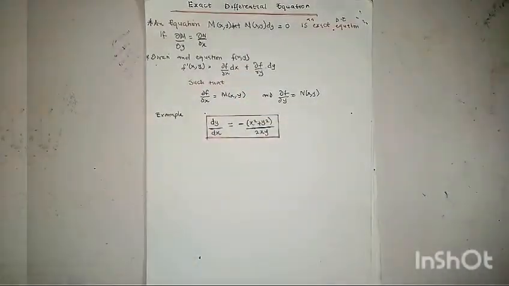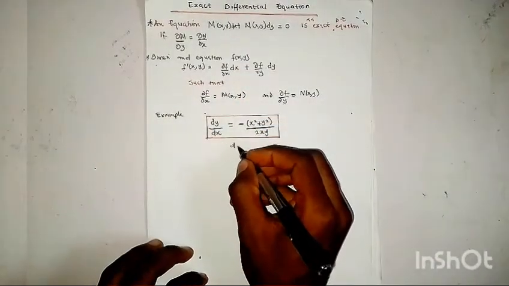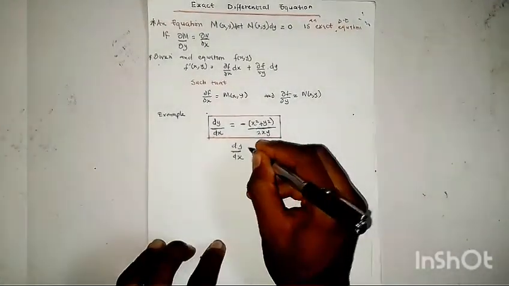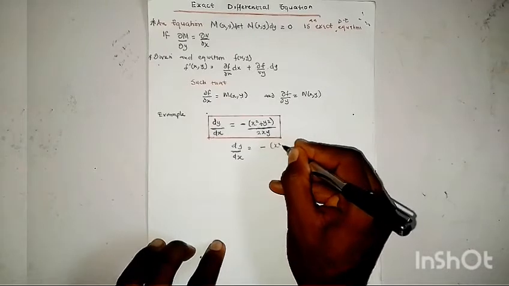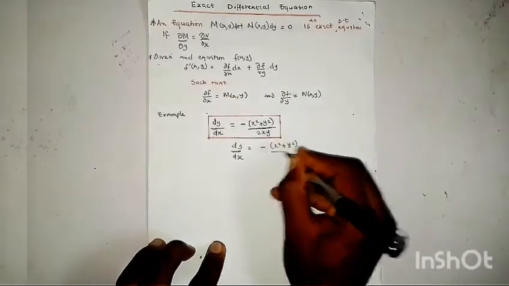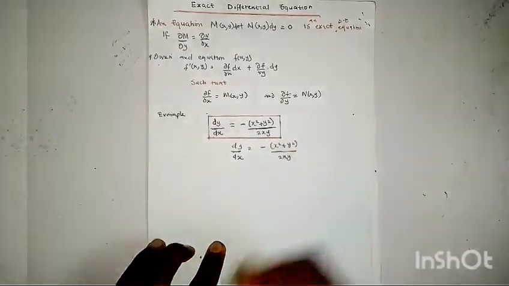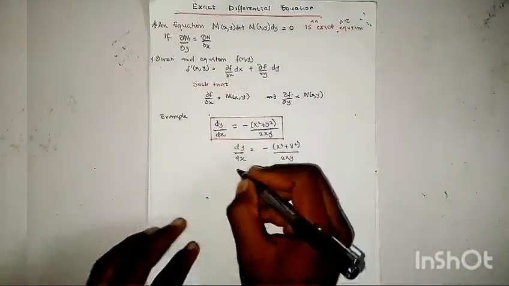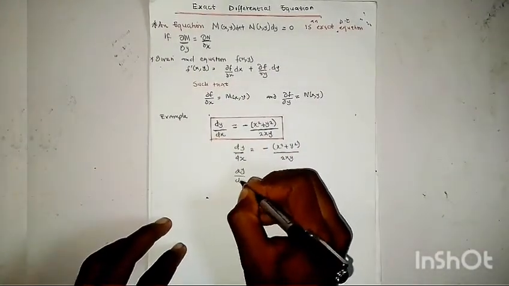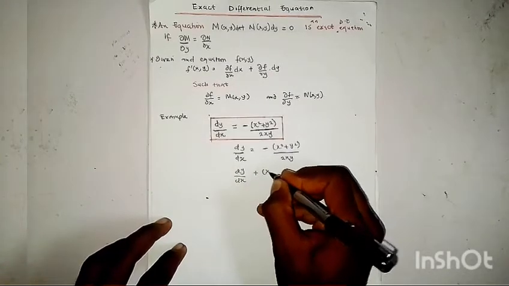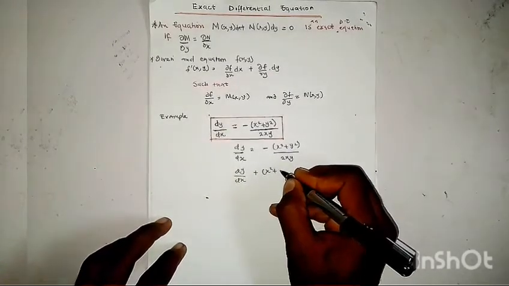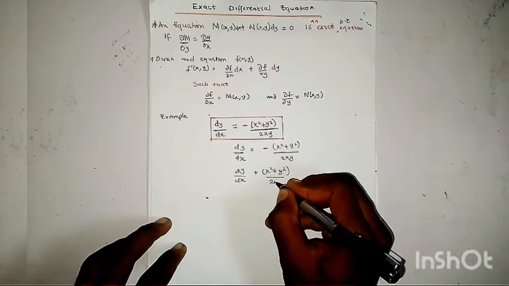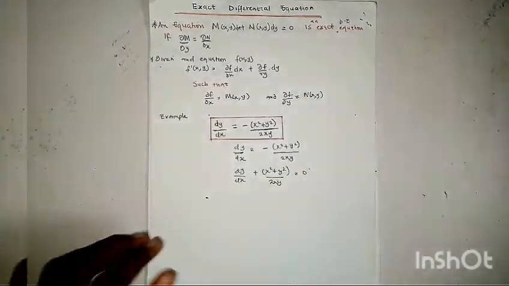Given dy/dx equals minus (x squared plus y squared) over 2xy. Now take this over to the other side. We have dy/dx plus (x squared plus y squared) over 2xy equals 0.